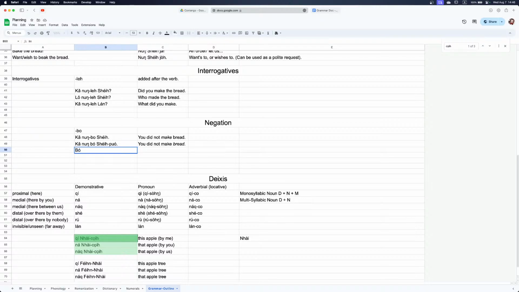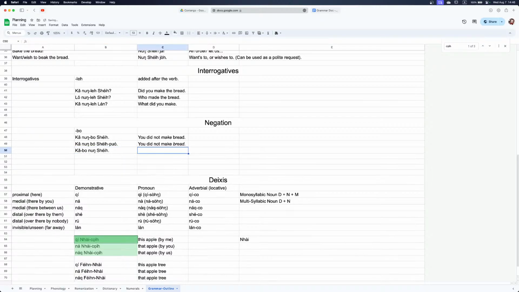And then it can also appear after nouns, after pronouns. For you did not make bread. So it's emphasis.